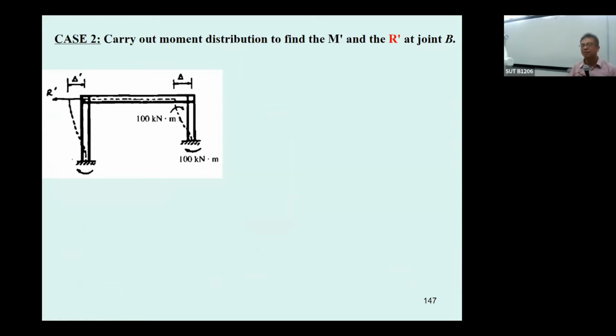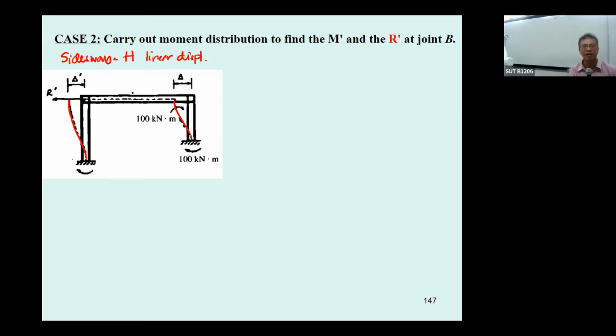And then I need to go further. We must assume the fixed end moment for this case. Again, this is the deflected shape when the frame has the sidesway. And again, I should call the sidesway the horizontal linear displacement.